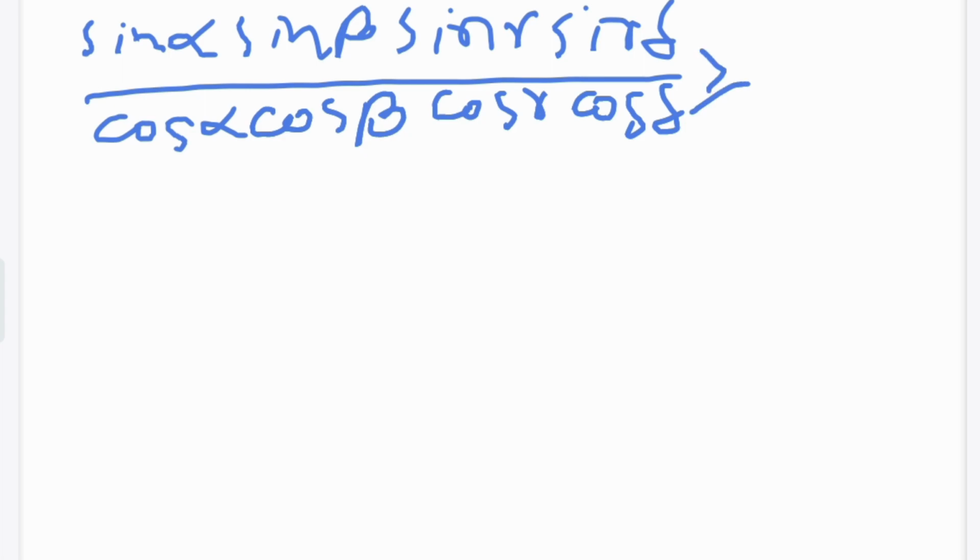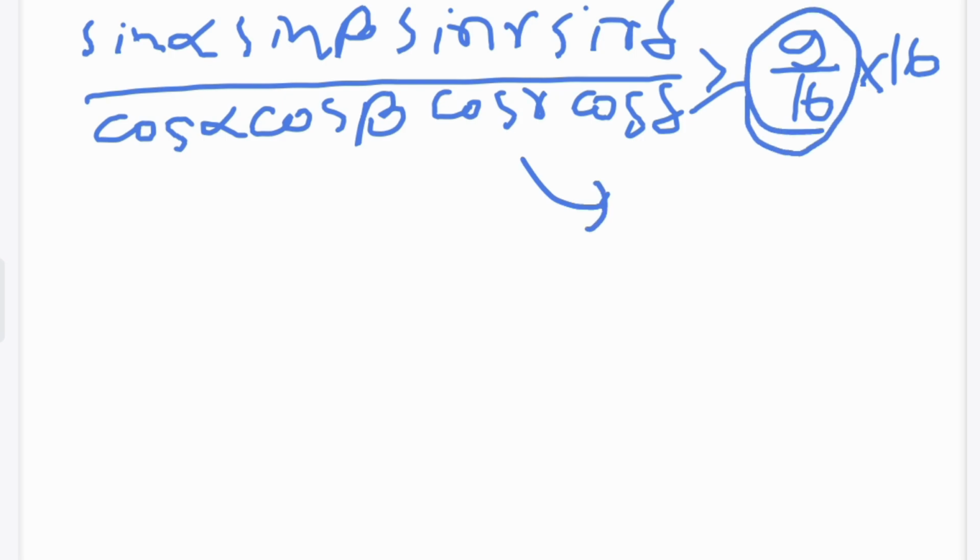The value of sin alpha, sin beta, sin gamma and sin delta was 9 over 16, into 16. So basically you see that the value of cos alpha, cos beta, cos gamma and cos delta is lesser than the value of sin alpha, sin beta, sin gamma, sin delta, and that is less than 0 point something. So if this value decreases, this ratio will increase. So that's why this inequality sign will be flipped.